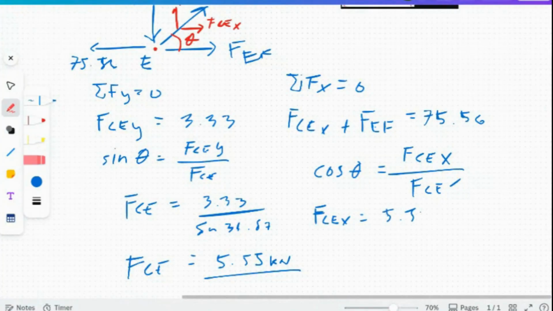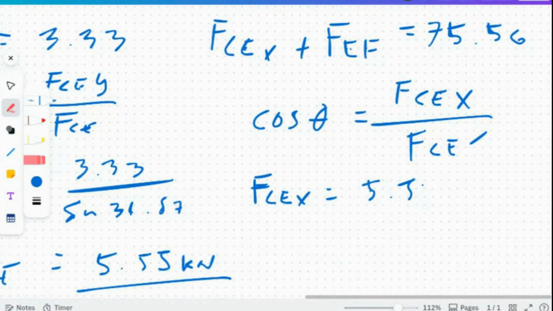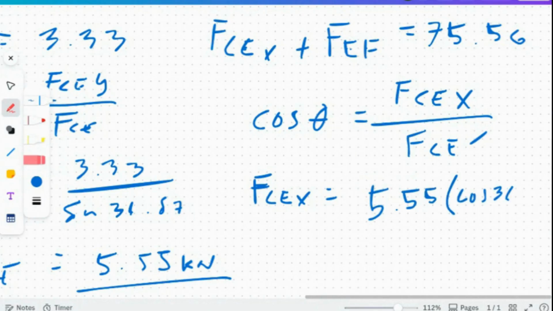We'll use that number. 5.55 times cosine 36.87, which we solved earlier, we get 4.44. So these figures kind of just keep coming back.